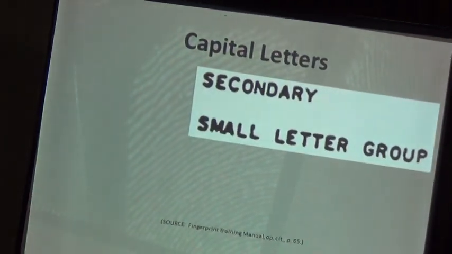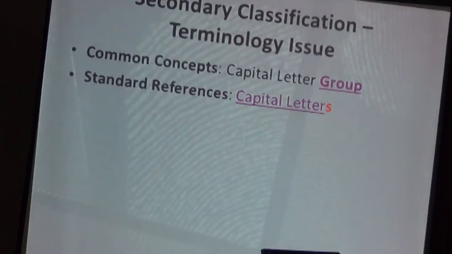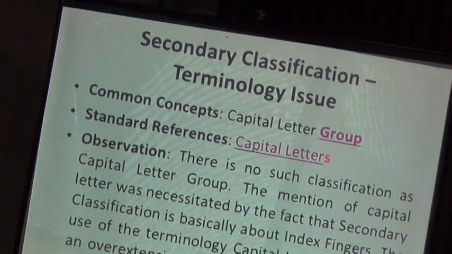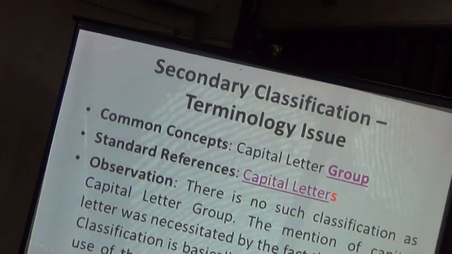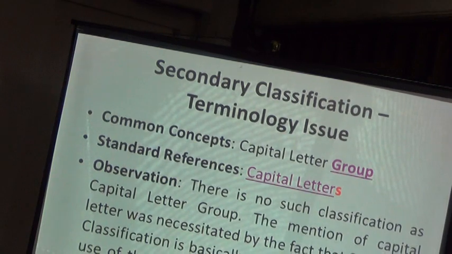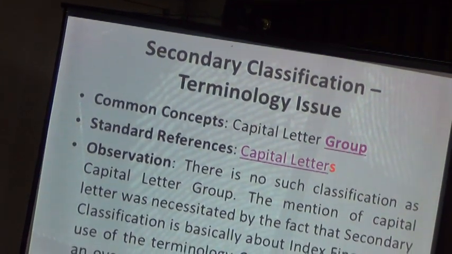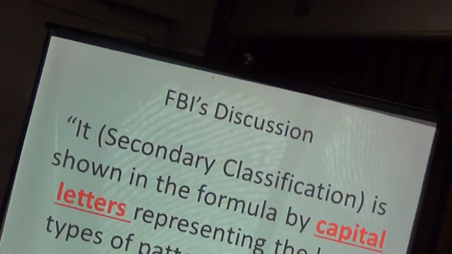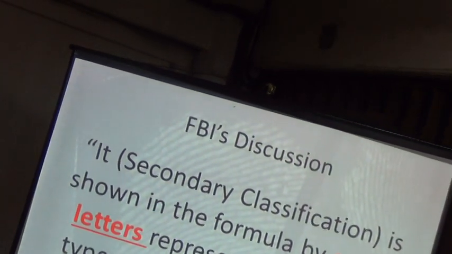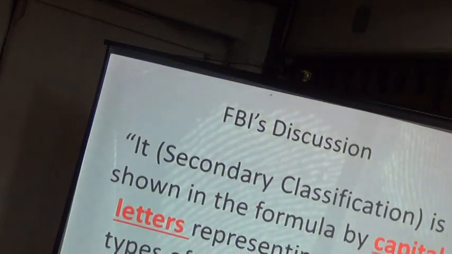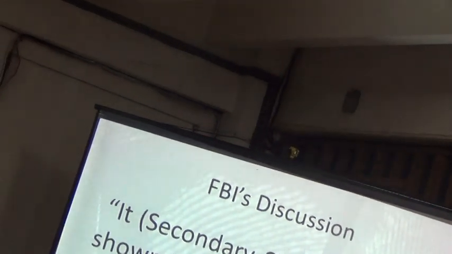There is no such thing in the FBI. According to the FBI, regarding the work on secondary and small letter, the capital letters represent the basic types of patterns appearing in the index fingers of each hand.